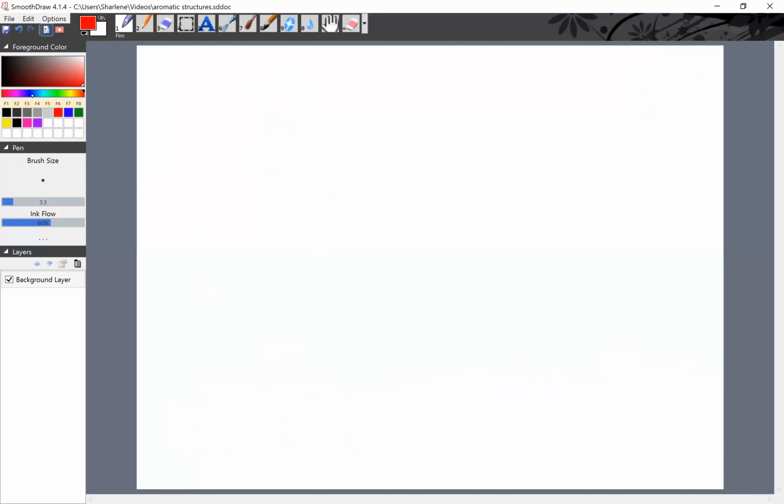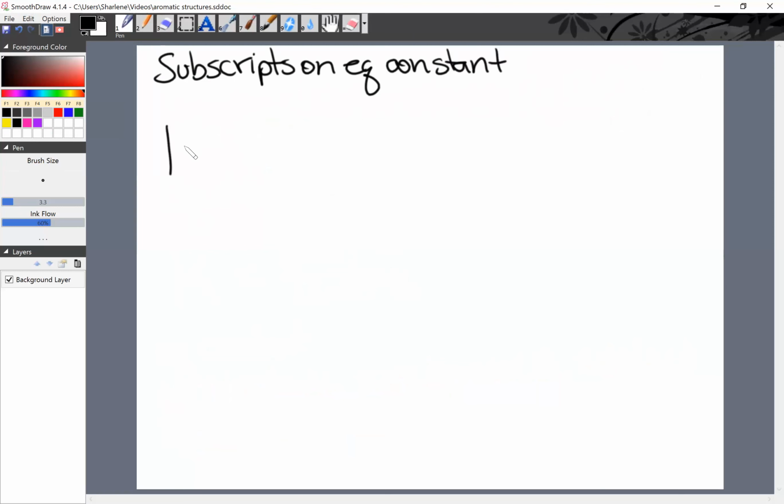And there's a few that we are already familiar with. So the subscripts on your equilibrium constant. All right. Kc means that all the concentrations are in molarity.